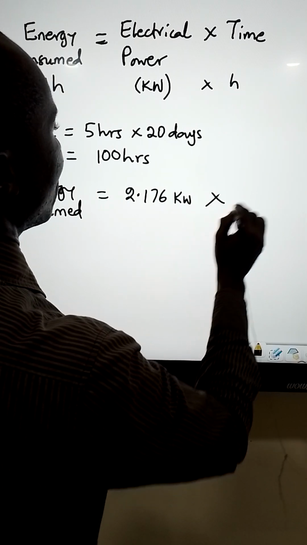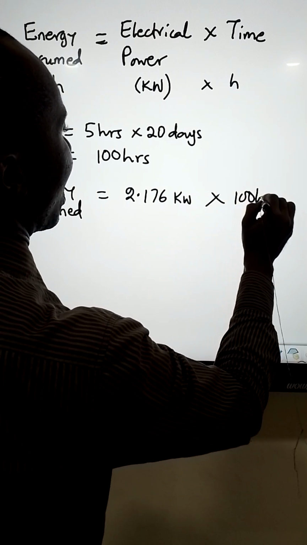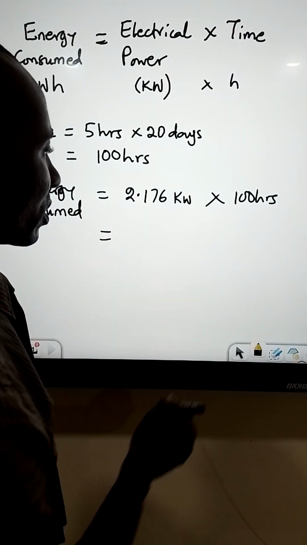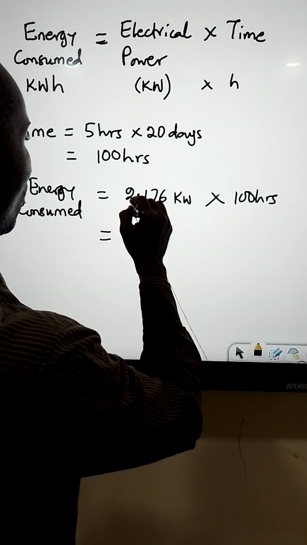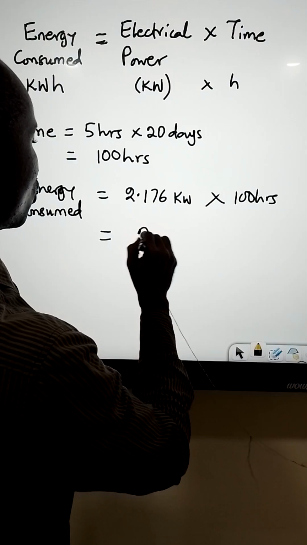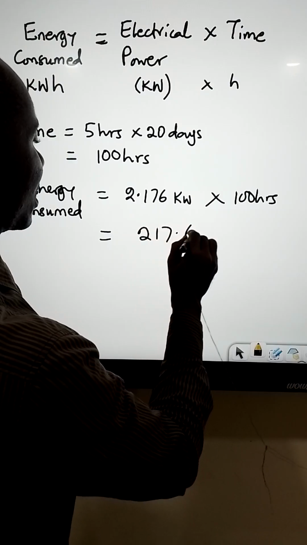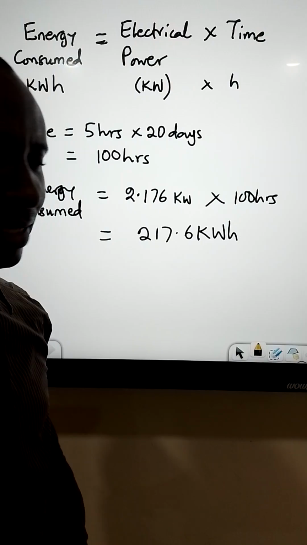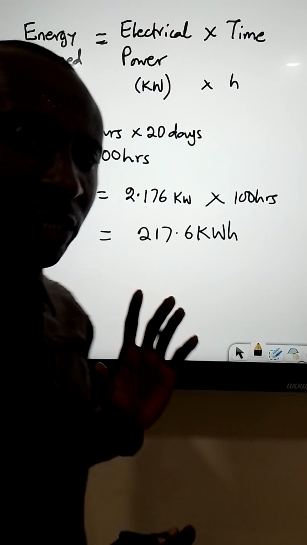And then what was the time? 100 hours. Okay, so what will this give us? We should be having 217.6 kilowatt hour. This is what we are getting. That is the energy that is consumed, kilowatt hour.